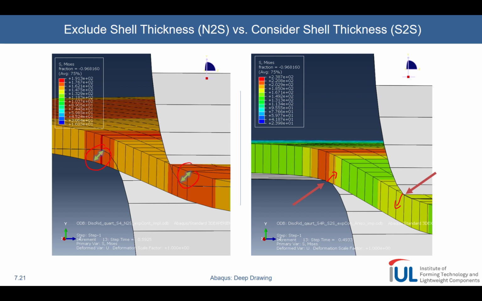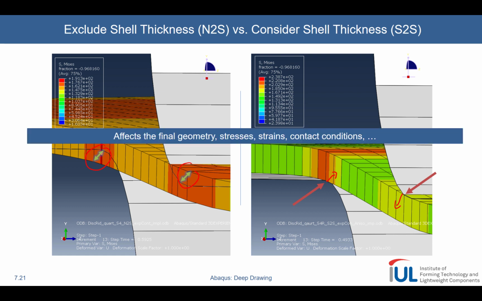And I hope it's clear to you now that thinking about whether to include or exclude the shell thickness is a really important aspect, because it has strong effects on your final geometry, your stresses, your strains, especially because the contact conditions, the point in time when it comes into contact, is really affected by this choice.